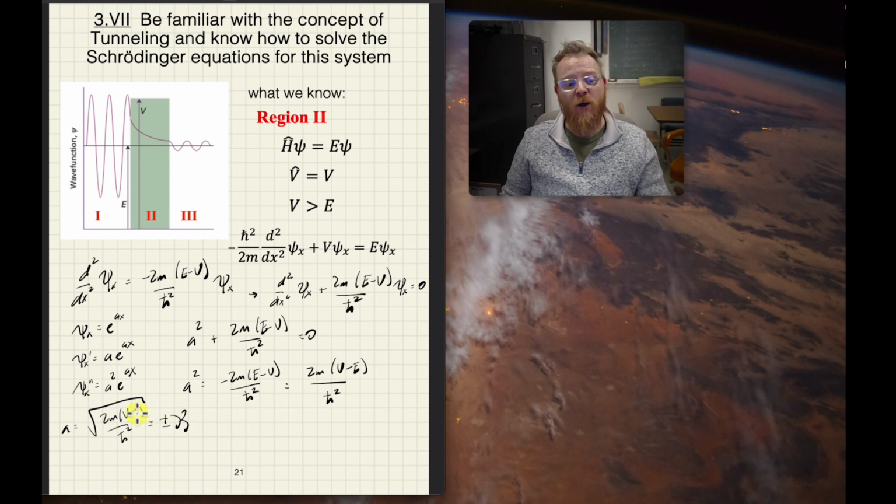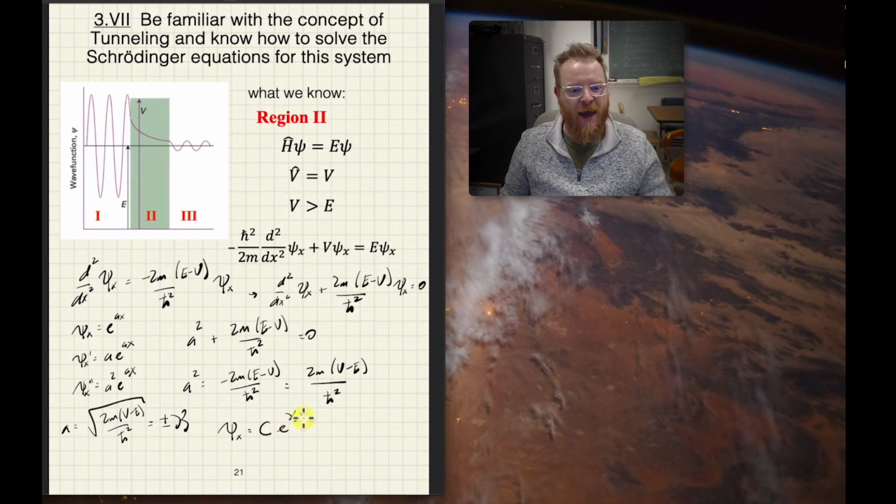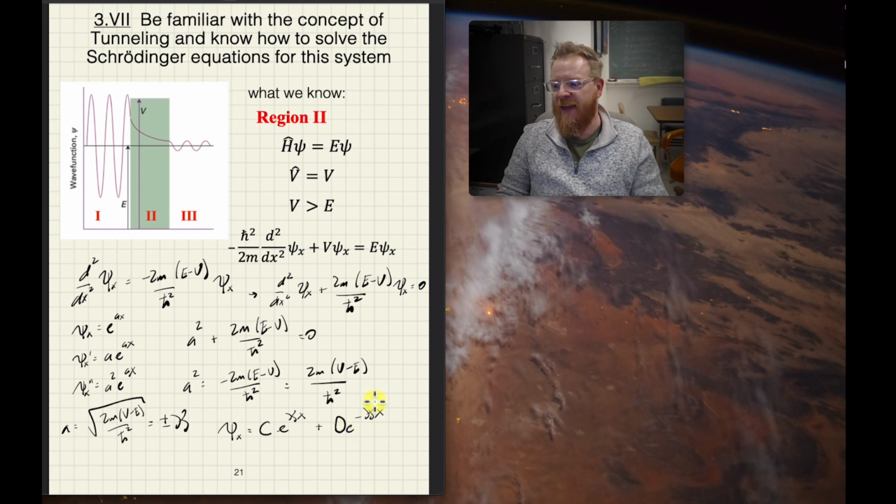So as we might notice, this is going to give us a wave number, right? But now instead of having just energy there, we have potential minus the energy. So I'm going to give that a Greek letter kappa, and now our solution will have real roots. So that's going to go as the following: some arbitrary constant c e to the kappa x without the i, right? Plus d e to the negative kappa x.